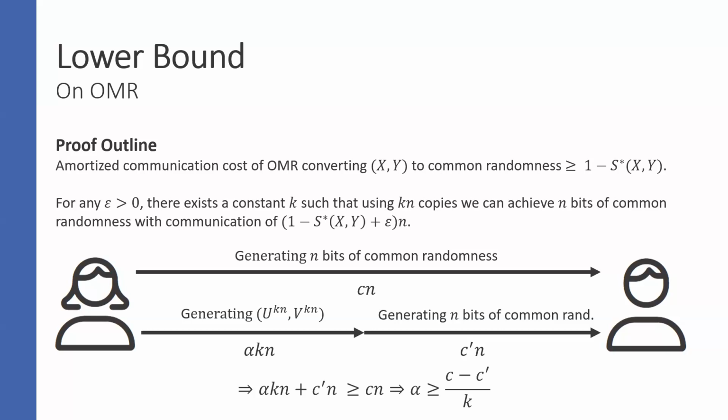So since we have a lower bound of Cn, we know that the communication of this conversion, where we first convert to kn copies of UV and then convert to common randomness, must be at least Cn. And we get a bound for alpha, which is the amortized communication cost for the OMR converting XY to UV.